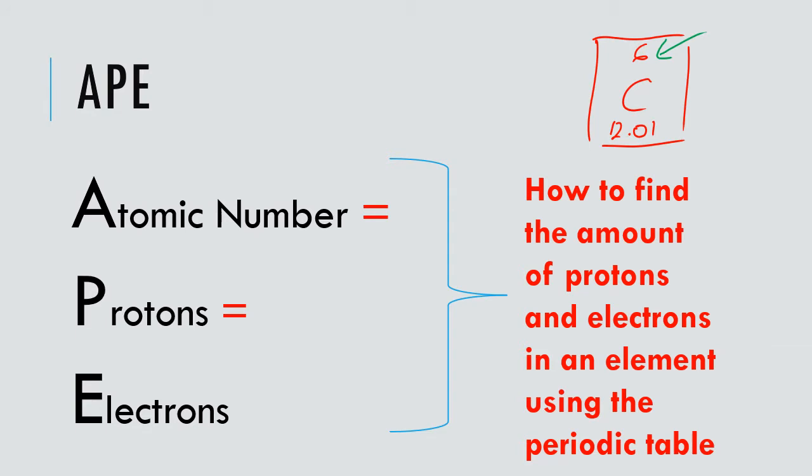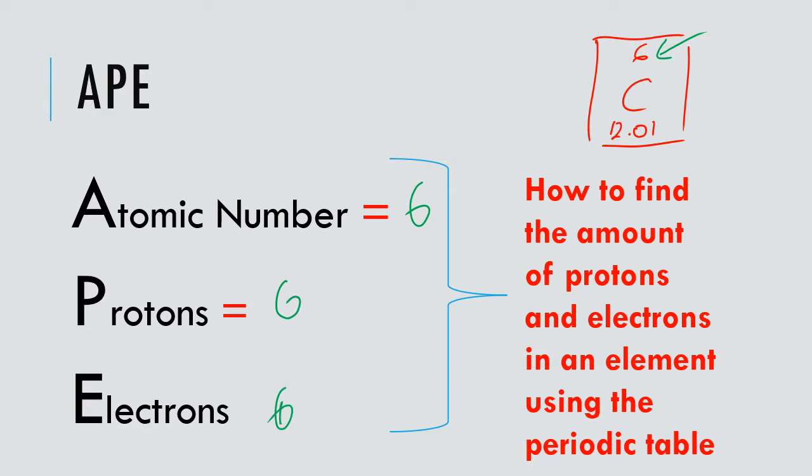It's typically going to be at the top. Sometimes it'll be located in different places, but it's always going to be a whole number. The atomic number here is 6, and so the number of protons is 6, and the number of electrons will be 6.